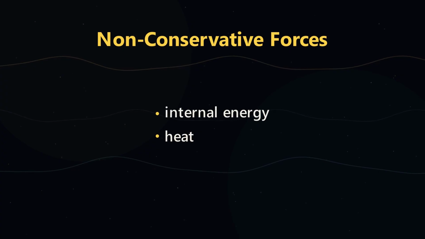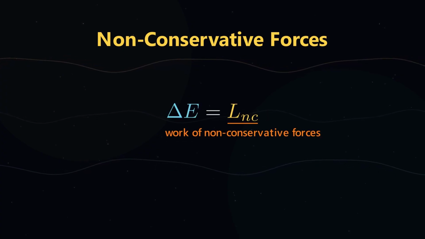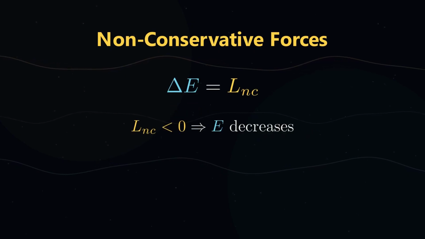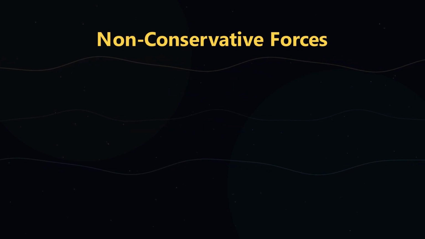In formula form, we can write delta E equals LNC, where LNC is the work done by non-conservative forces. If LNC is negative, as in the case of friction, the mechanical energy decreases. But this does not violate the conservation of energy. It simply means that mechanical energy is only one part of a bigger picture.